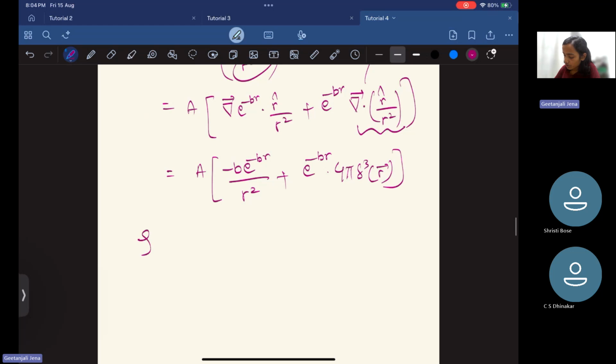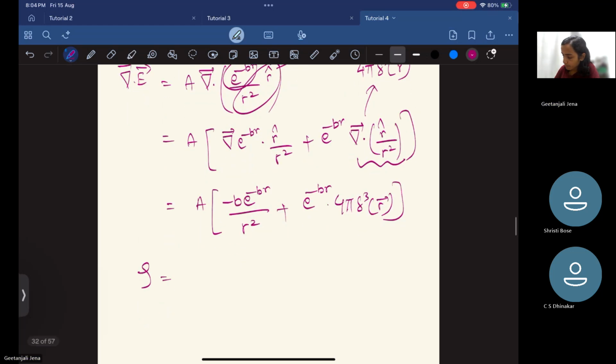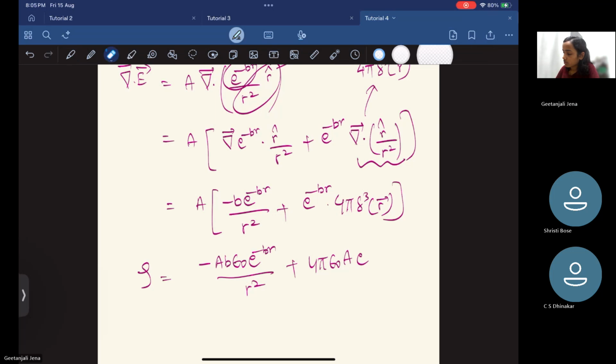Okay, so rho is minus A b epsilon naught e^(-br) by r square plus 4 pi epsilon naught A e to the power minus b times 0, that is e^(-br), del q r.